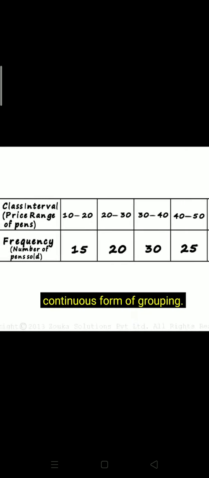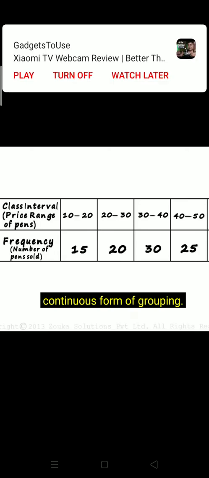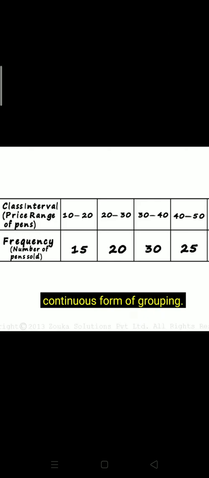If I ask how many pens were sold of rupees 30 to 40, you have to see the frequency of 30 to 40 in the class interval and you will get the answer 30. Please see, the class intervals are always a continuous form of grouping, like 10 to 20, then again 20 to 30, again 30 to 40. So the upper number is repeated as the lower number for the next group. Clear, all of you, this much?